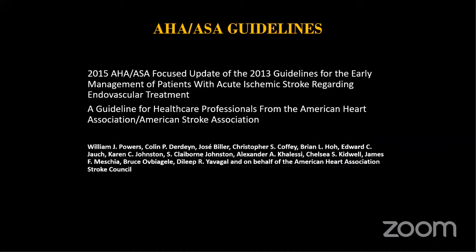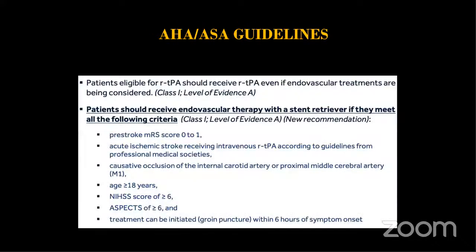Based on these trials, the AHA and American Stroke Association guidelines were changed in 2015, modified from 2013. Patients eligible for IV tPA should receive the tPA even if endovascular treatment is being considered.